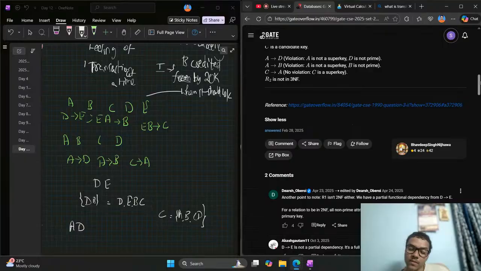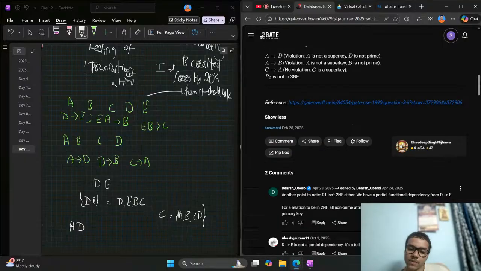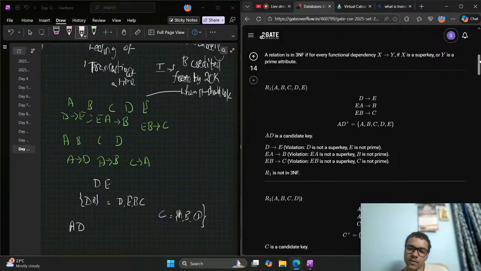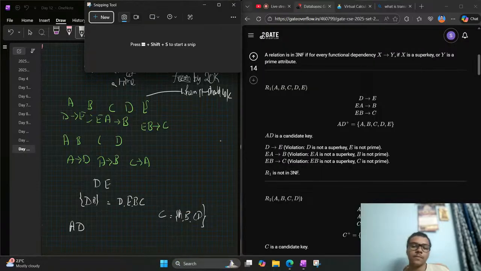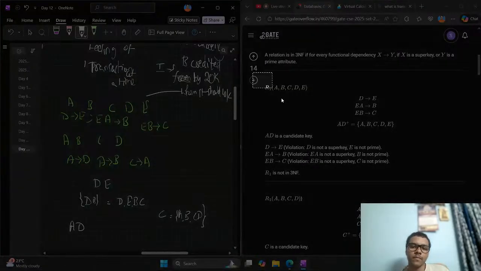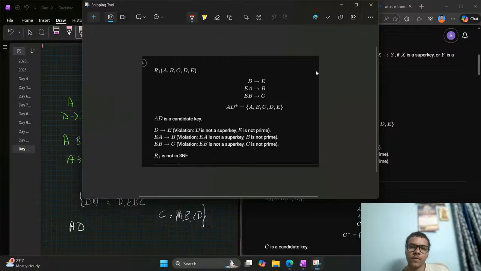For a relation to be in 2NF, all non-prime attributes should be fully dependent on the primary key. So is D to E a partial dependency? Let's ask it.